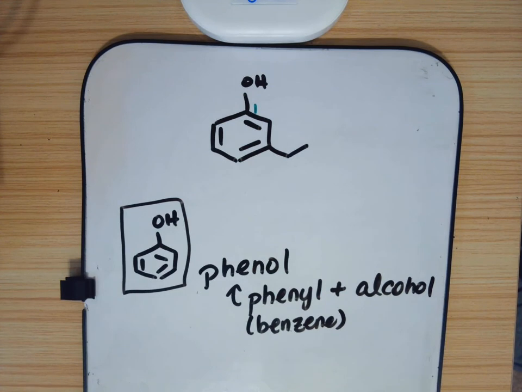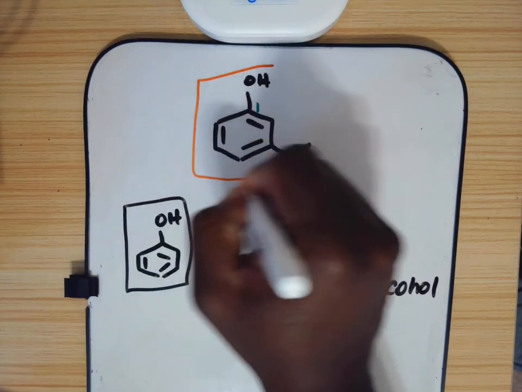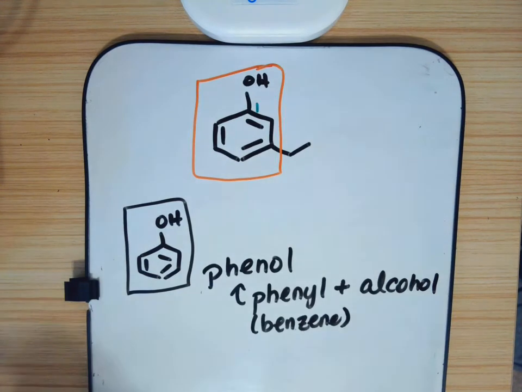So when naming phenol groups, it's a little easier than the other molecules because we already know how to number our parent chain. When we indicate phenol, the phenol is going to account for that benzene ring and that OH group that is directly attached. So all of that is accounted for in phenol.